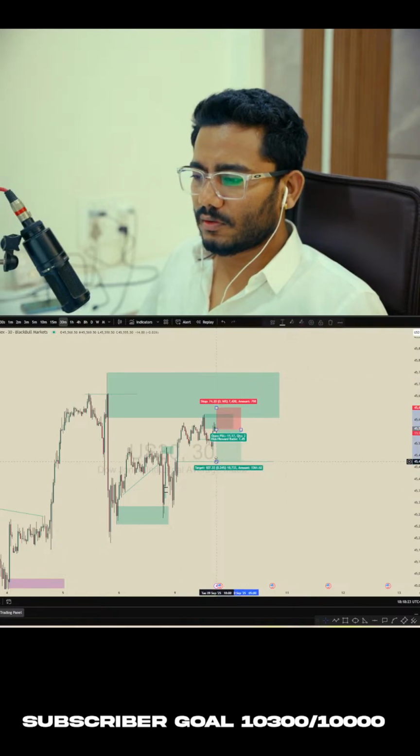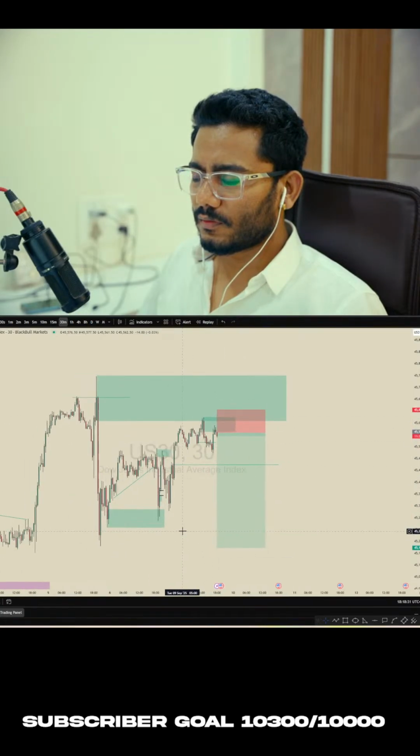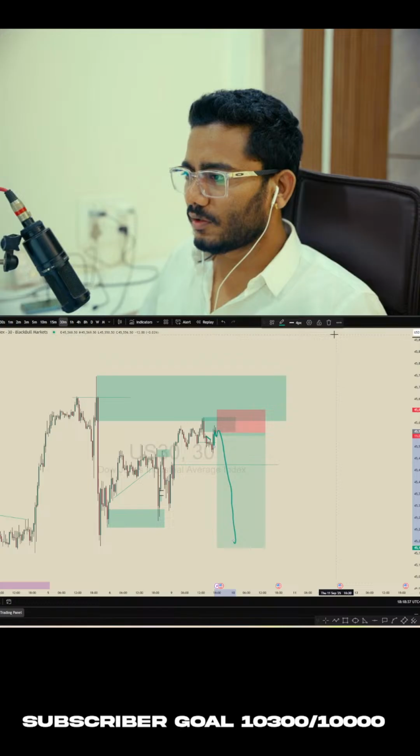This is our original target, which is around 1 is to 5. We have this strong candle which took out, which should take this liquidity and then it should continue.